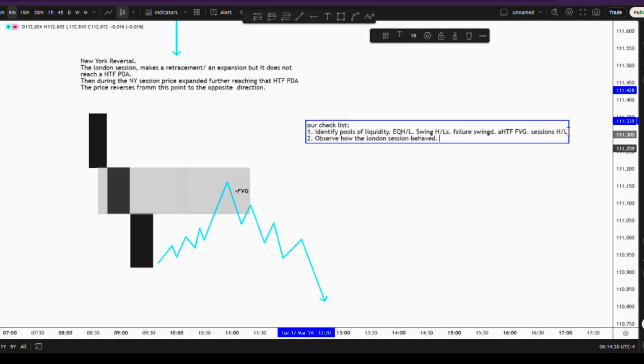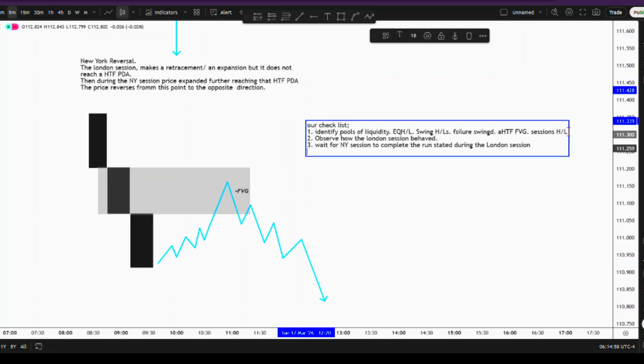If it failed to engage these pools of liquidity or higher time frame PDRA levels, then you expect it during the New York session. After that, you have to wait for the New York session to complete the run started during the London session.